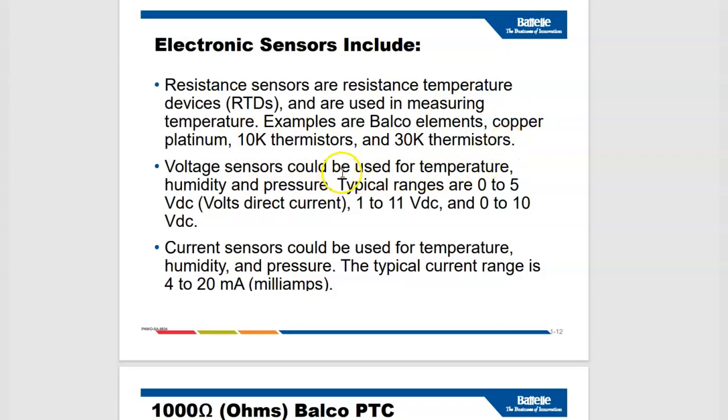Voltage sensors could be used for temperature, humidity, voltage, typically from 0 to 5 VDC, voltage direct current, or 1 to 11 VDC, or 0 to 10 VDC. Current sensors could be used for temperature, humidity, and pressure, typically current in 4 to 20 milliamps.